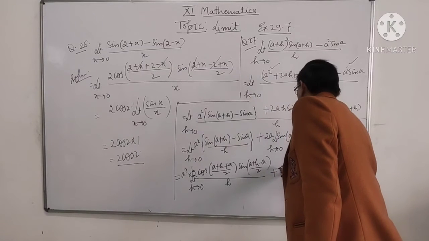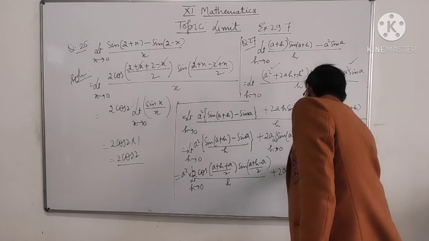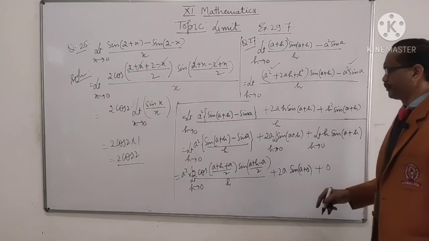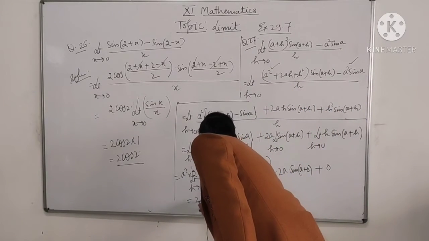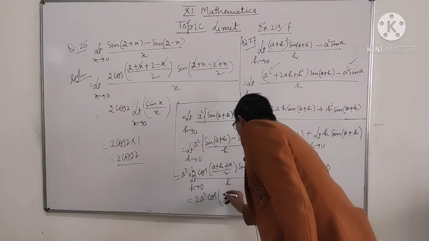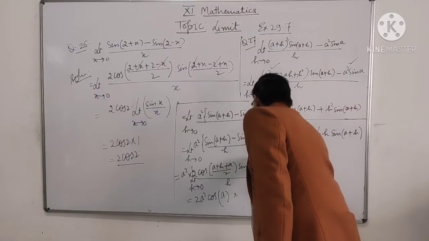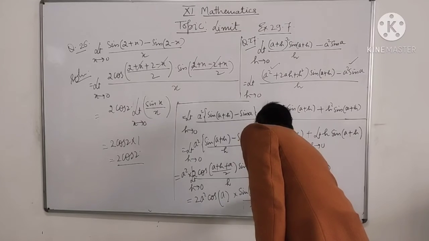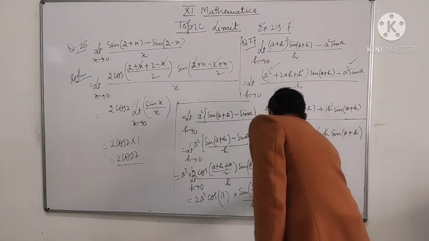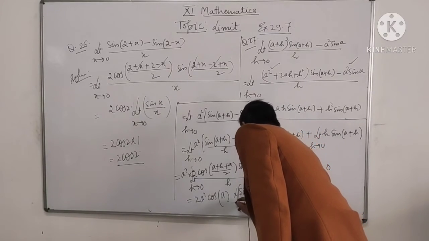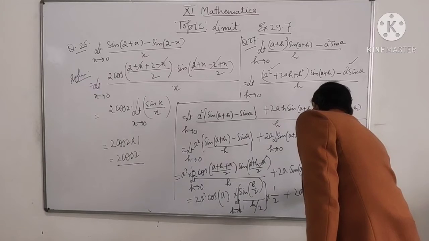Plus here 2a into sine(a plus 0), and this limit will be 0 because h is 0 here. Then it is 2a square cos of (h is 0, so a plus a, 2a upon 2 will be a), a cancel, sine h by 2 upon h, multiply and divide by 2, and limit h tends to 0, plus 2a into sine a.